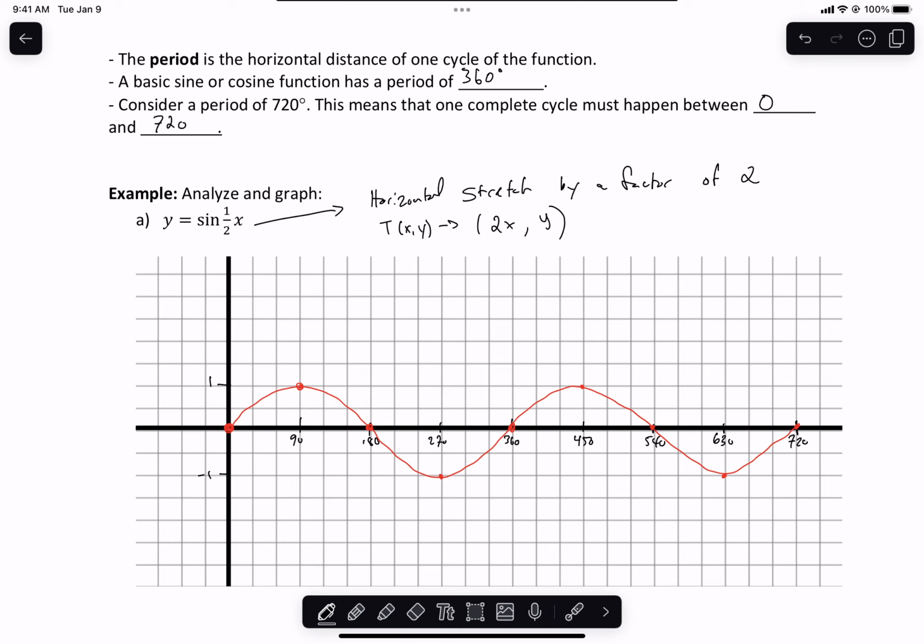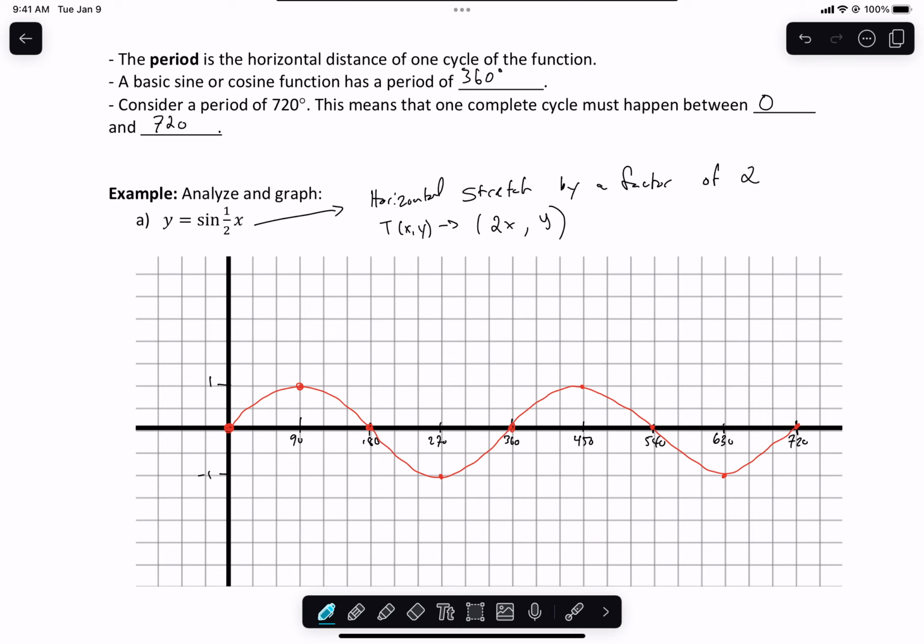So that means the 0 is going to stay at the 0, 0 point. The 90, that x value now has to get multiplied by 2, right? So instead of being at 90, it's going to be at 180 degrees now. We're basically taking all these points.